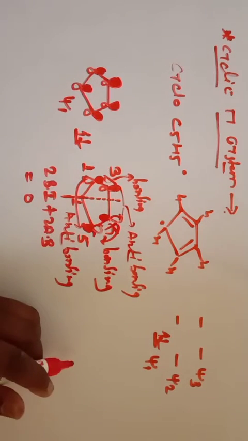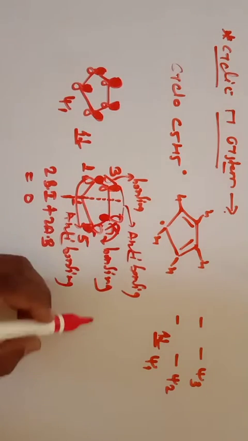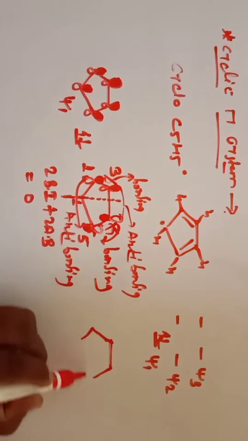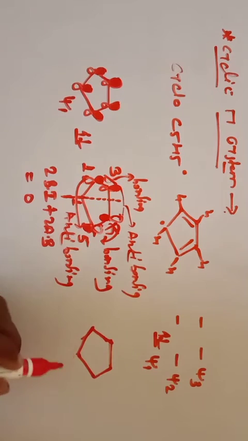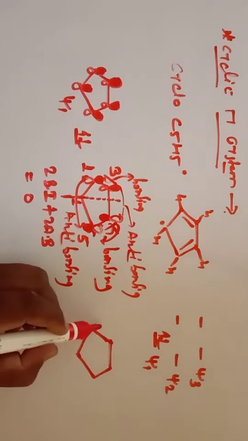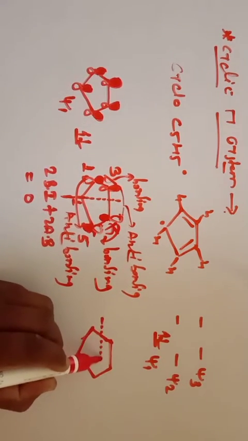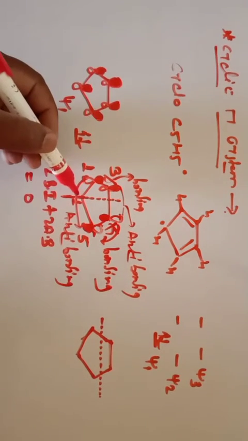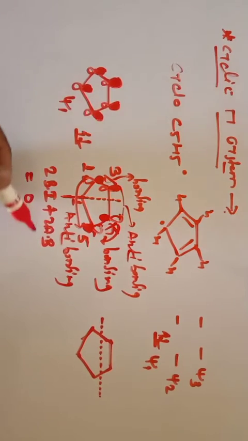The second one has one node, and this node is perpendicular to the plane of the molecule and bisects the molecule. In this second pictorial representation, the first node passes through carbon number 1, and there are 2 bonding and 2 anti-bonding interactions.